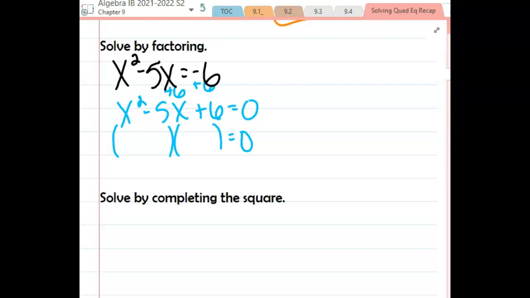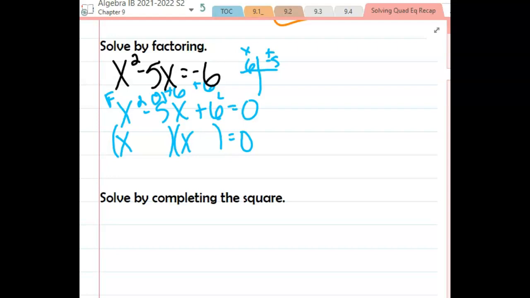Now what we're trying to do is factor this. So if my F is x squared, I know that would have to be x times x. To get my L, I need something that multiplies to give me a positive 6, but then the O and I are going to add to give me negative 5.